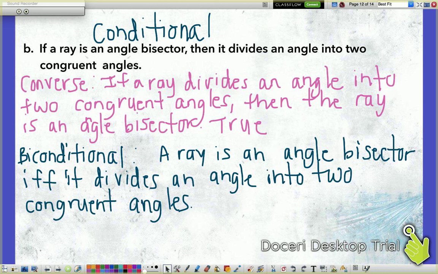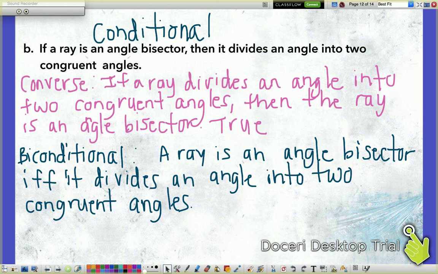Now, notice that in my biconditional, I don't have if or then anymore. Okay, that's what a biconditional does. When you write a biconditional, I know that the conditional and the converse and the inverse are all going to be true statements. That's the only way that I can write a biconditional.